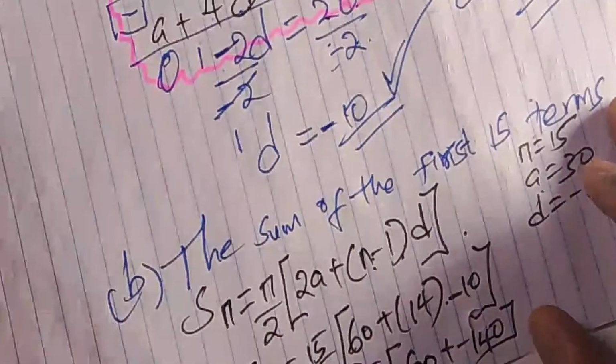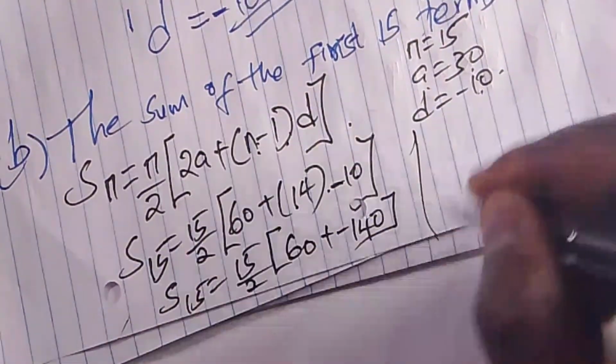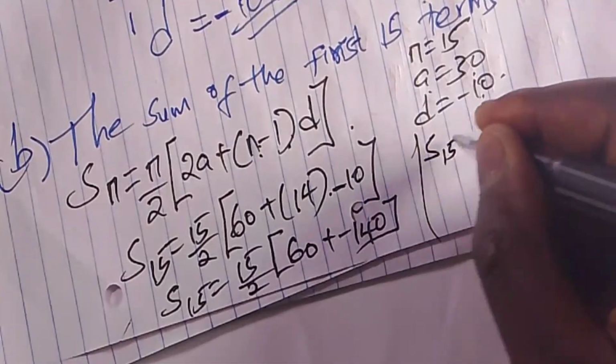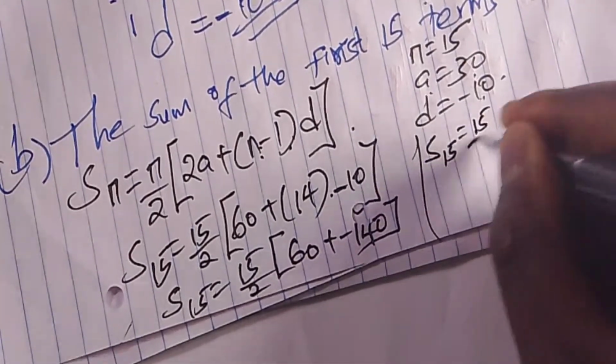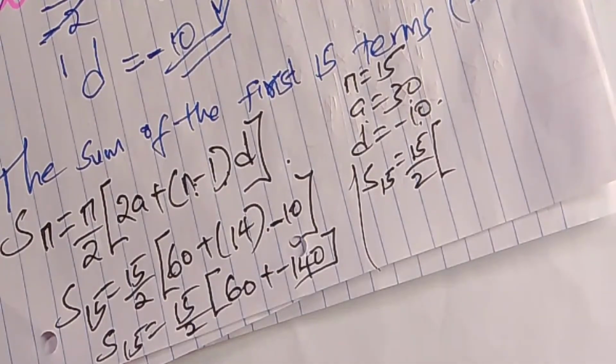Close the bracket there. So the sum of the 15 terms will be 15 over 2 multiplied by 60 minus 140. What is 60 minus 140? It will be negative 80.